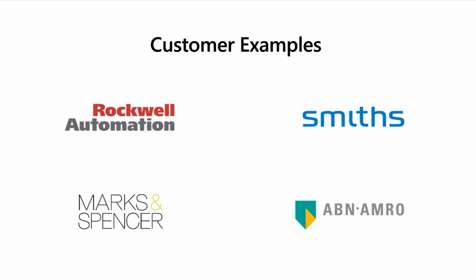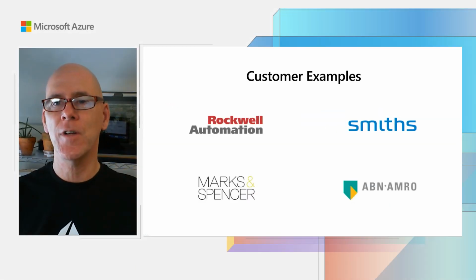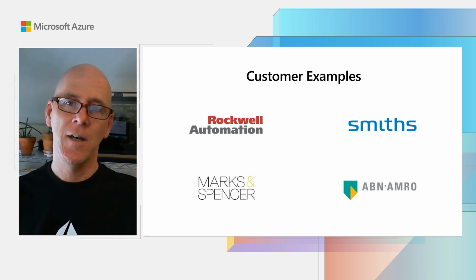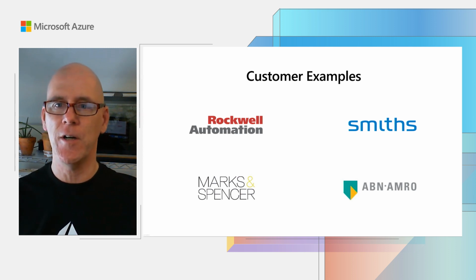So I want to focus on a few customer examples for analytics workloads. The first one is Rockwell Automation, which is a world leader in industrial automation and information, employing over 22,000 people. They're present in more than 80 countries and focus on industries such as oil and gas, mining, food and beverage, and automotive. And they had a desire to empower their business users to have a data-driven mindset. So they created a unified platform for all their analytics needs, optimizing storage, compute, and scale while reducing their TCO.